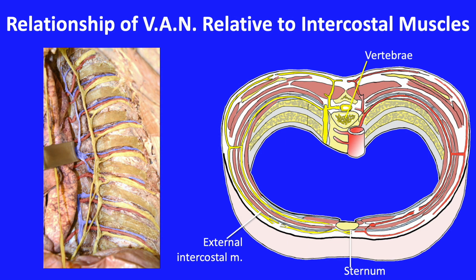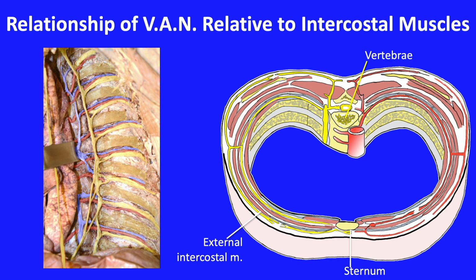As we mentioned in the previous section of this lecture series, the intercostal muscles are innervated by the segmental intercostal nerves. The corresponding vein, artery, and nerve have a special relationship within the intercostal space. Look closely at the drawing on the right and the location of where the nerve, artery, and vein run in the intercostal space relative to the muscles.